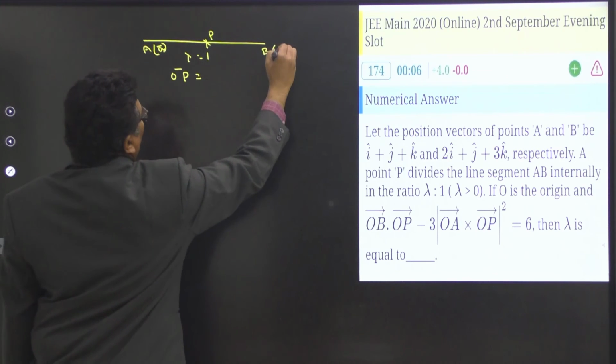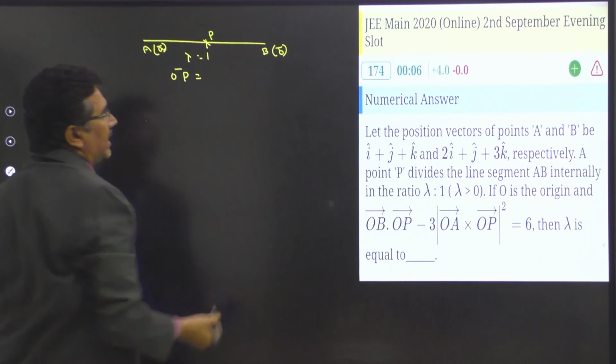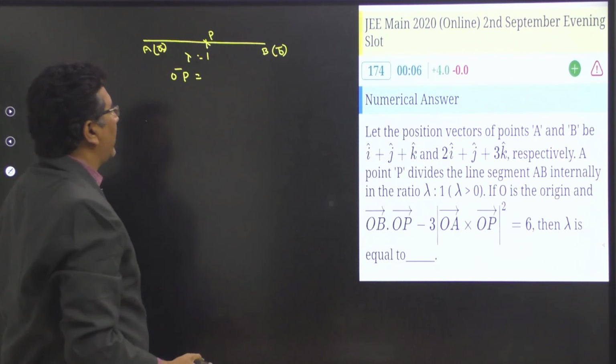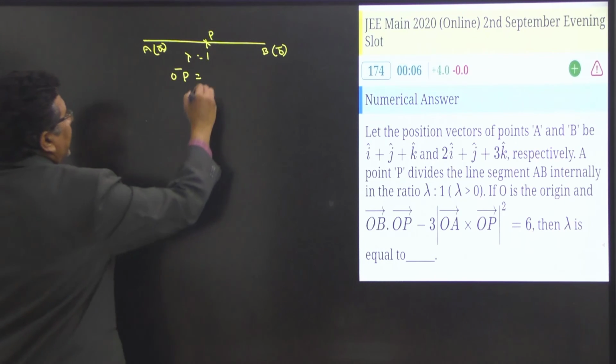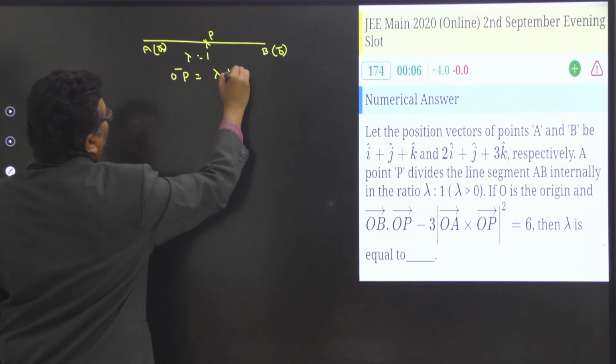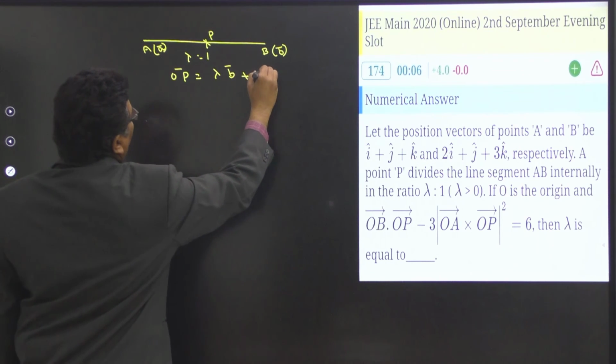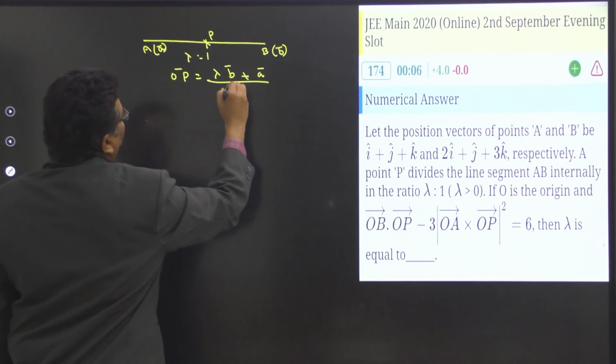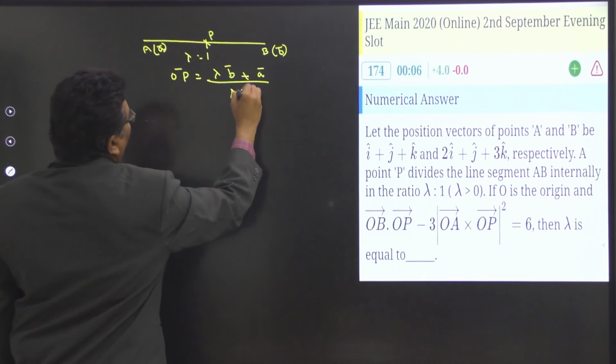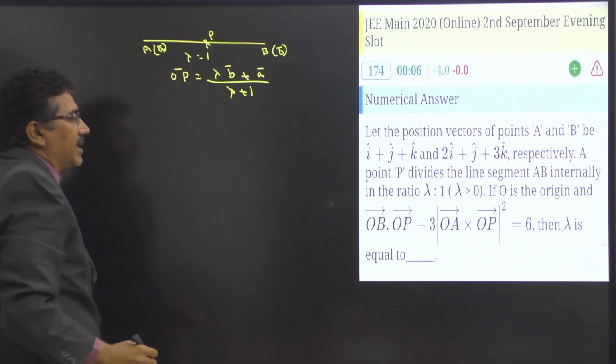Therefore the position vector of P: the position vector of A is A bar, the position vector of B is B bar. So OP bar is equal to lambda into B bar plus A bar, divided by lambda plus 1.